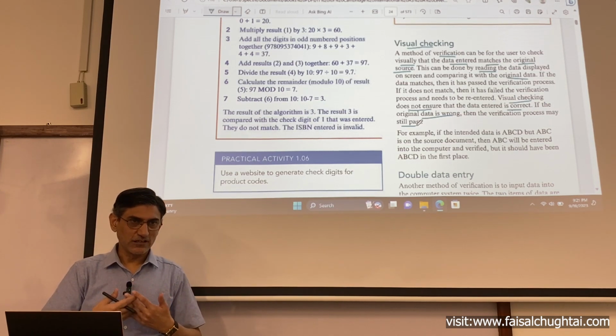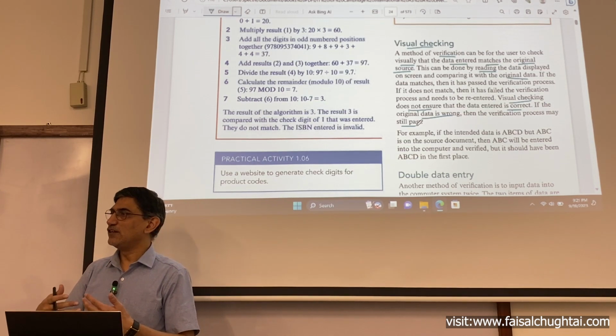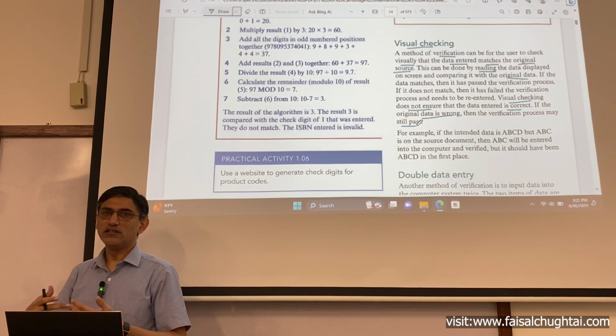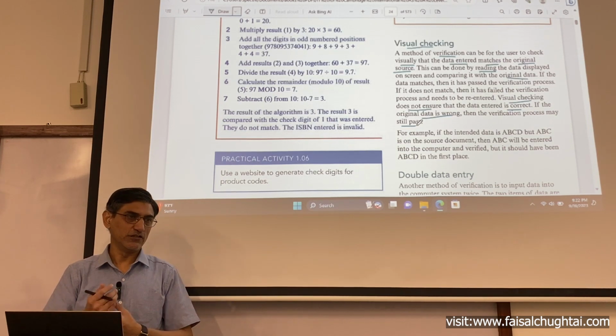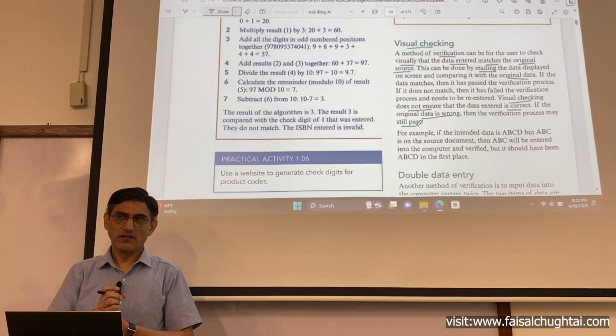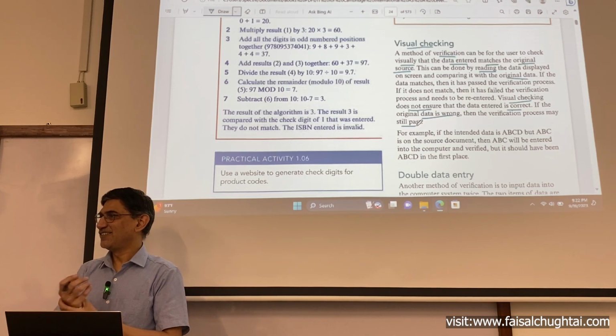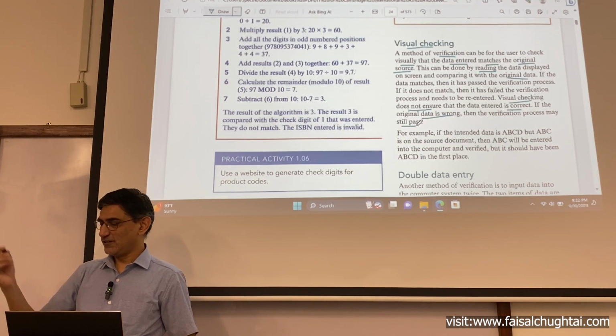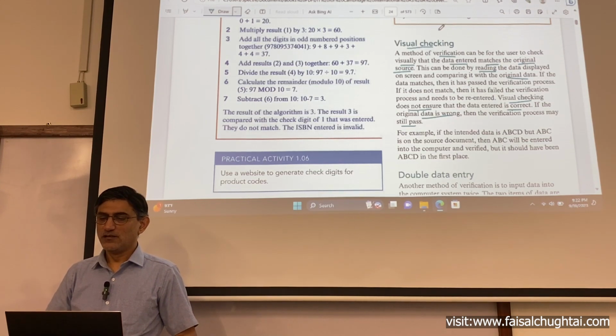What if the data is incorrect, but it still lies within the range or within the rules of acceptability of the validation rule? Are you getting this or not? Okay, let me give you an example. If there is any confusion, of course, you can ask.